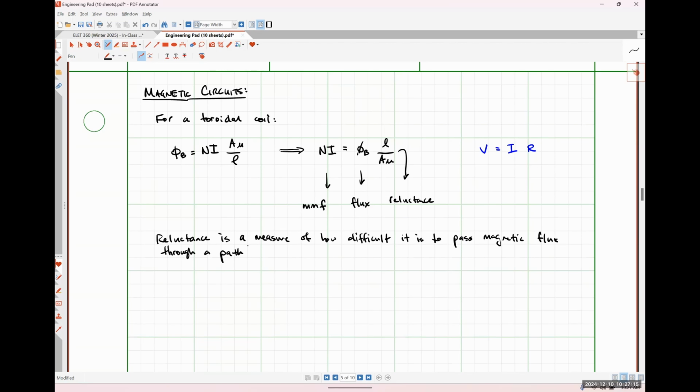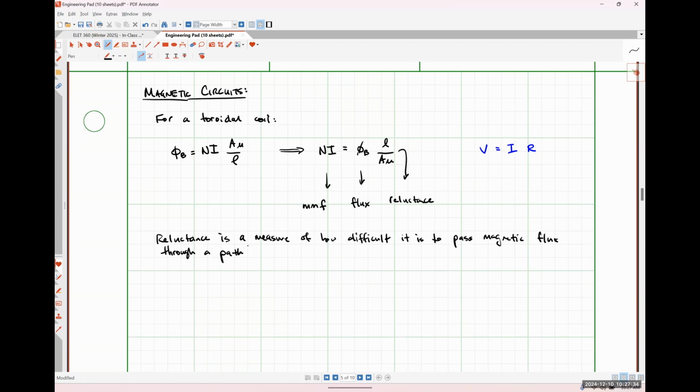So it is similar to resistance, in as much as resistance is a measure of how difficult it is to pass current through a particular path. And so that's why it's effectively playing the role of resistance in what we're going to call a magnetic circuit, okay?